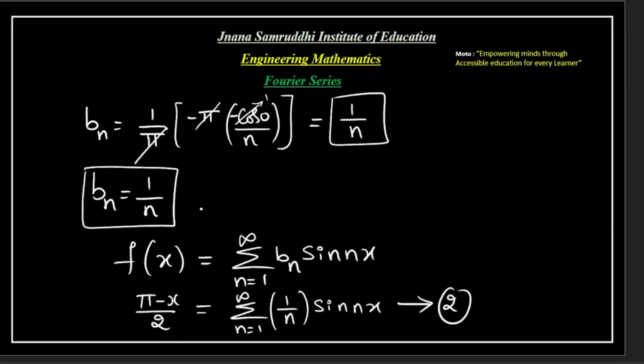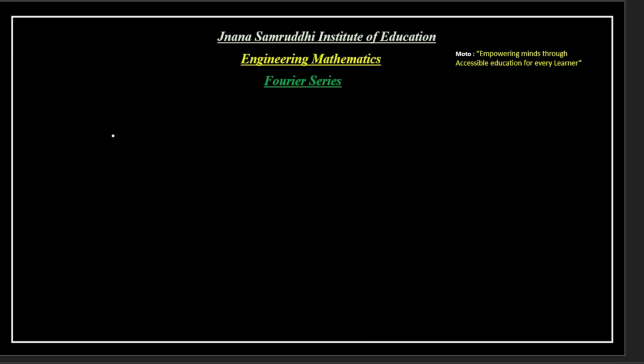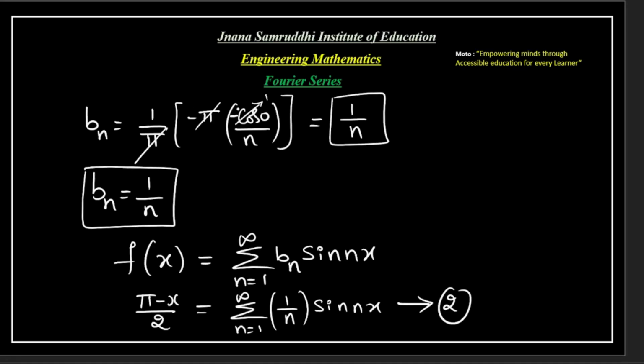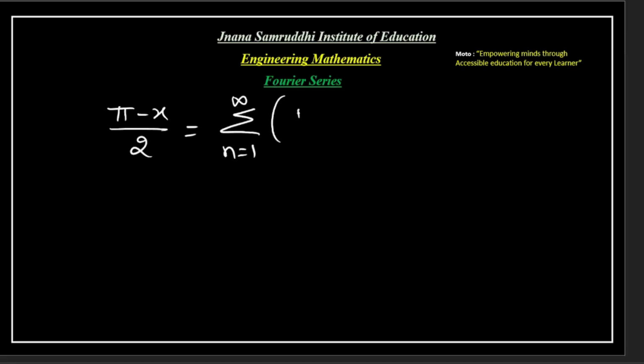We need to check. We got here pi minus x by 2 equals summation n equals 1 to infinity 1 by n sin nx. This is equation number 2.